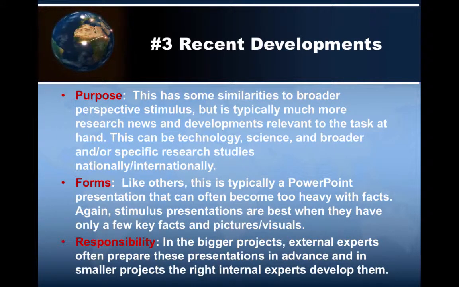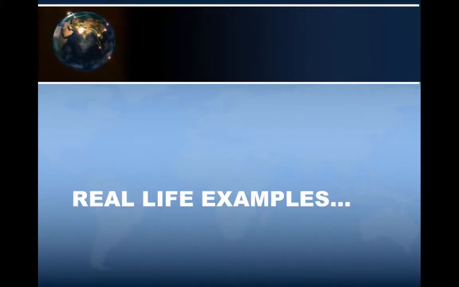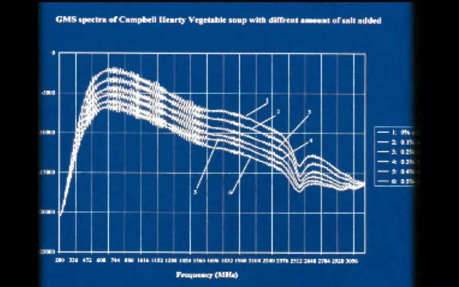Again, if you're watching a VideoCast, I'm going to show you some examples of this, and these are real-life examples, and on the screen right now are some charts and graphs that were used in a major presentation by an expert from Cornell.